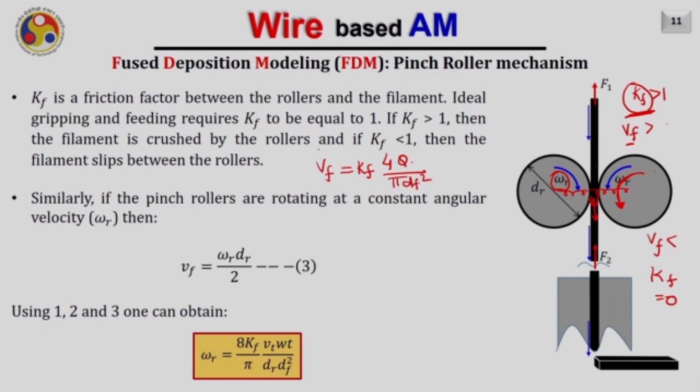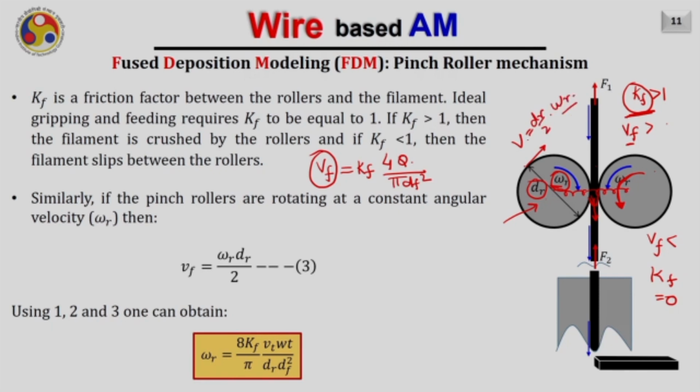Also, the velocity of this filament can be obtained from the rotation of these rollers. So if these rollers are rotating with angular velocity omega r and the diameter of the roller is dr, then the velocity of any point on the periphery of these rollers will be V equals r omega r, that is dr by 2 into omega r.